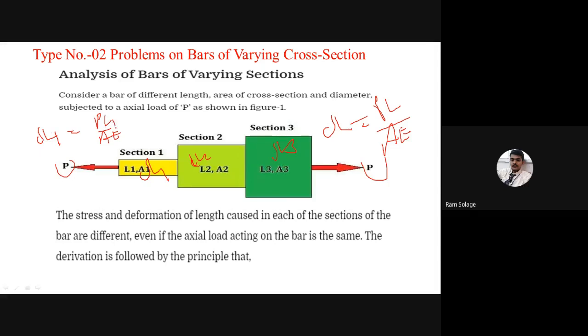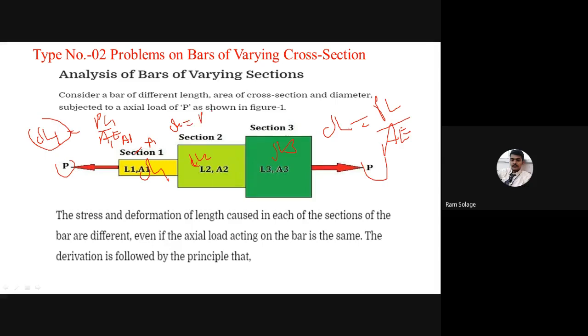Instead of L we take L1, and instead of A we take A1. If the problem gives E as common, then the material of section 1, section 2, and section 3 should be the same. But in some cases section 1 is made of aluminum, so we take E for aluminum. These are constant values given in the problem. So we put the values of P, L1, A1, and E for aluminum, and we can calculate delta L1.